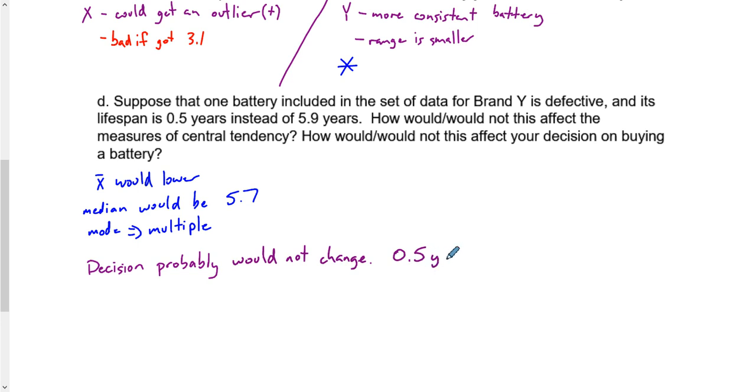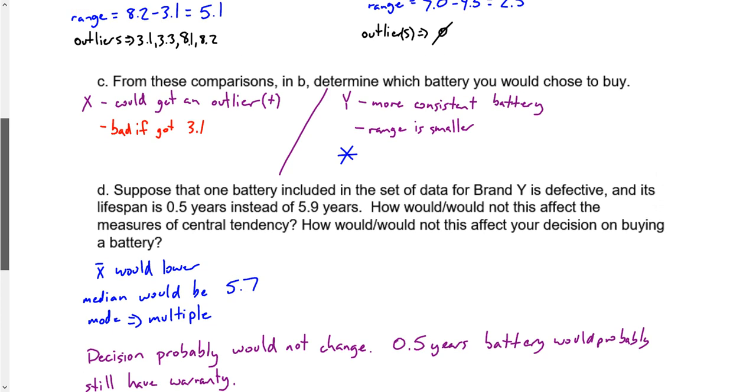After 0.5 years, the battery would probably still be under warranty. And if it still has warranty, it could be replaced without any kind of charge or a minimal charge.